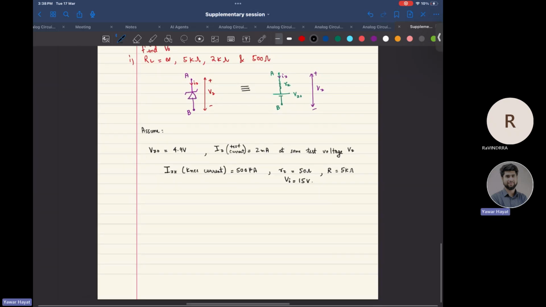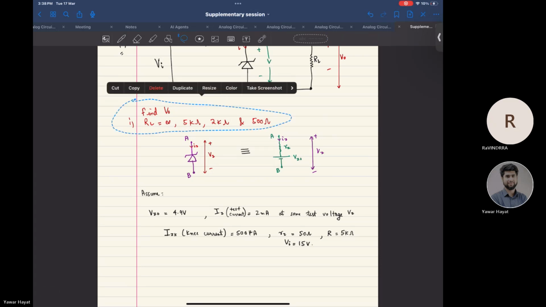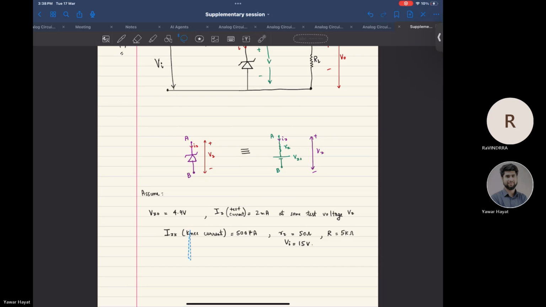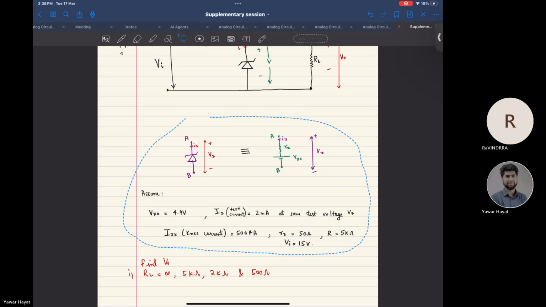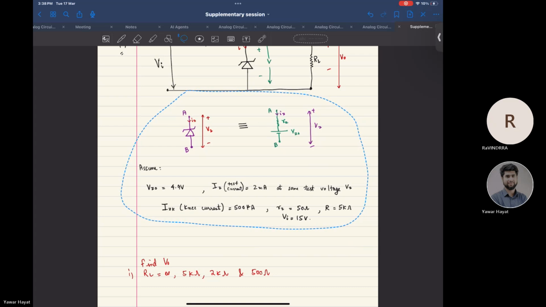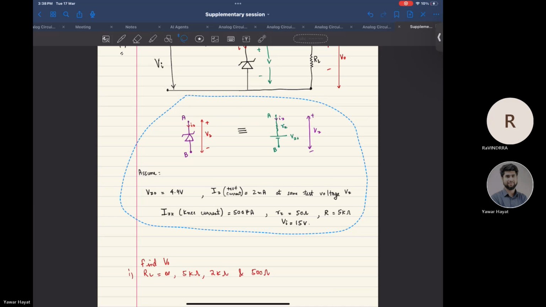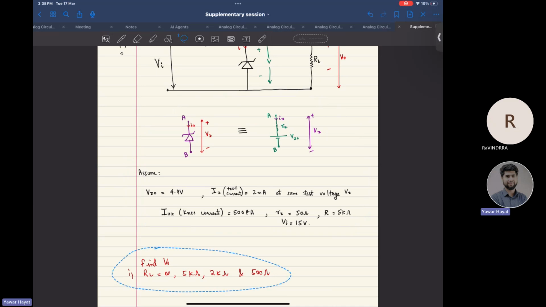Now for these different values, we need to find V naught.